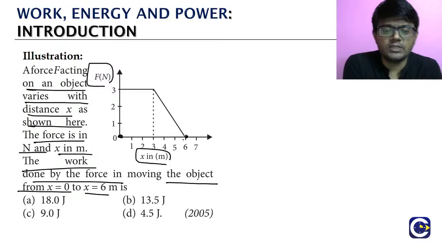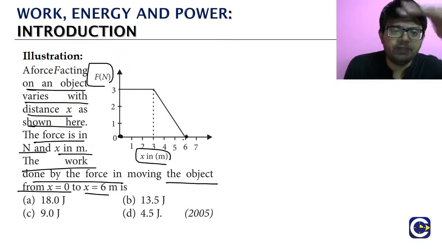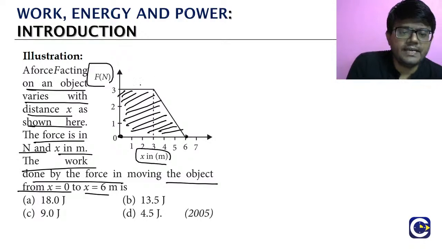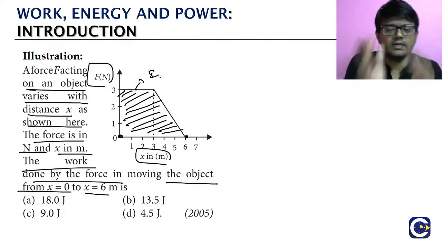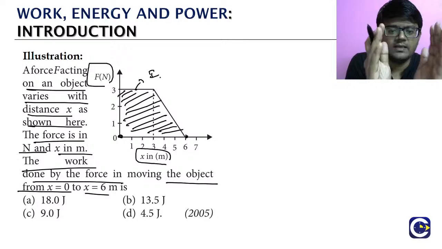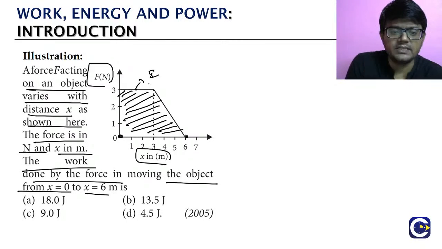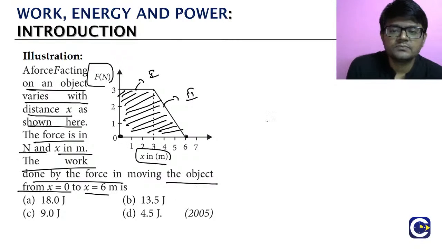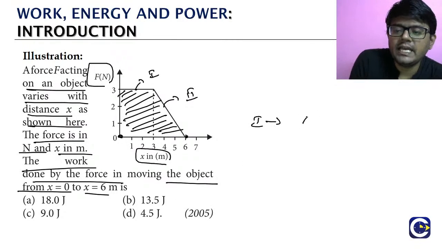So if we move from x equal to 0 to x equal to 6, what is the work done? It is just the area between the force curve and the x-axis. So here, if you observe, we can split this into two parts. The first is like a rectangle and the second part is like a triangle. The first part is the area of the rectangle.